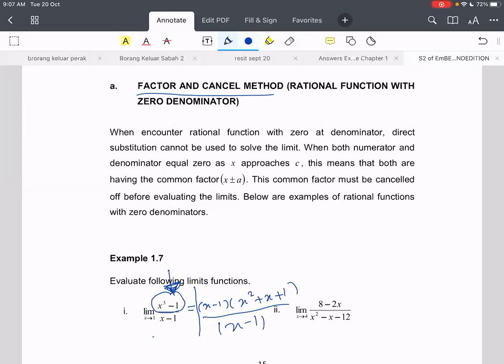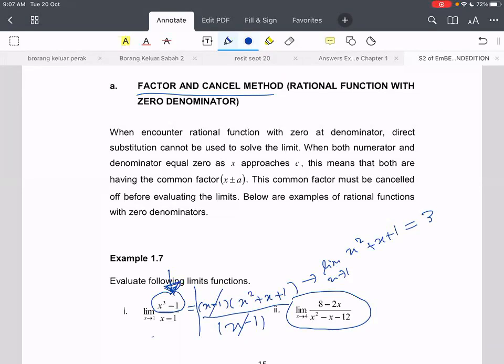You can cancel out x minus 1 over x minus 1, and what's left is the limit as x approaches 1 of x squared plus x plus 1. So the answer will be 3.